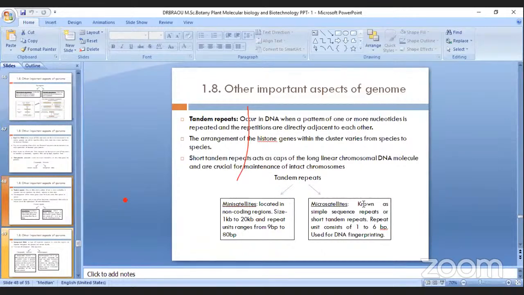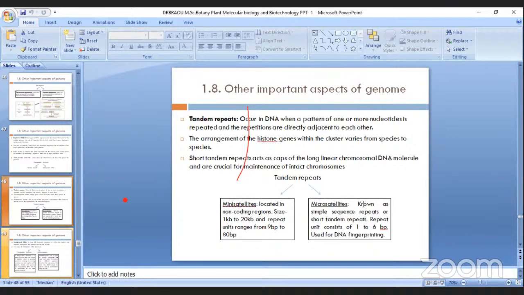Short tandem repeats act as caps for the DNA molecule and are crucial for maintaining intact chromosomes.